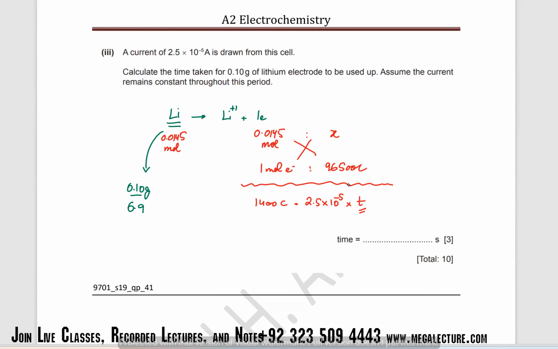1,400 coulombs, so in seconds, how many seconds is that? So 5.6 times 10 power 7 seconds.